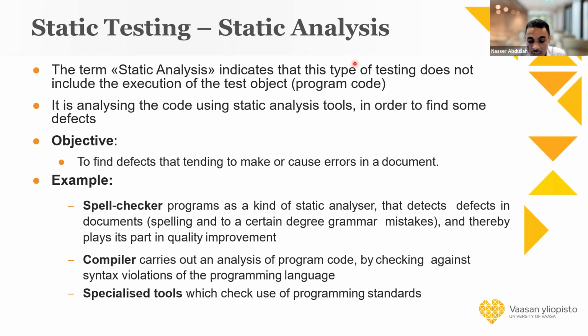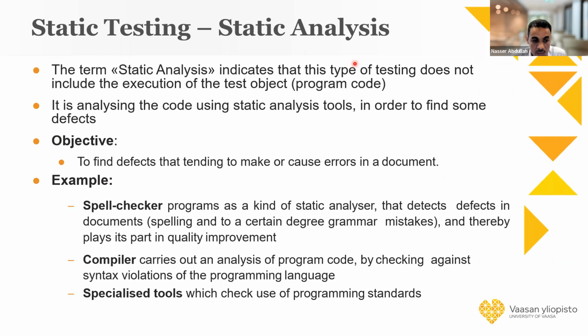If you write the if in a different format than the standard, or the while, it will show you that it's an error. So this tool helps you detect errors, for example by checking the syntax.